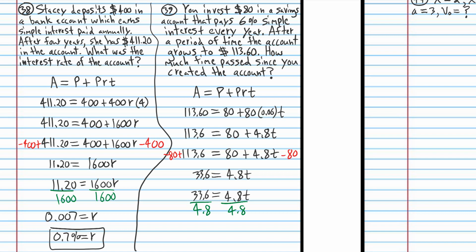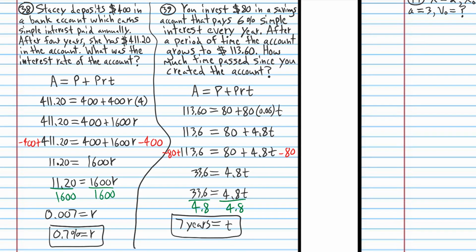So now we do 33.6 divided by 4.8, and we get 7. It says simple interest every year, so that would be 7 years. You have to put your units there.